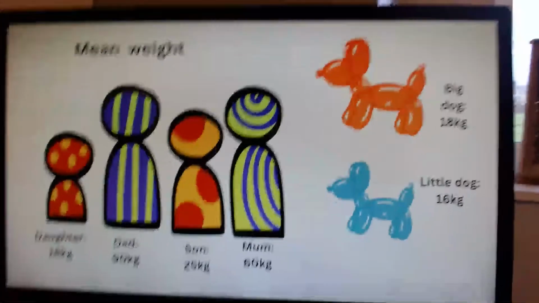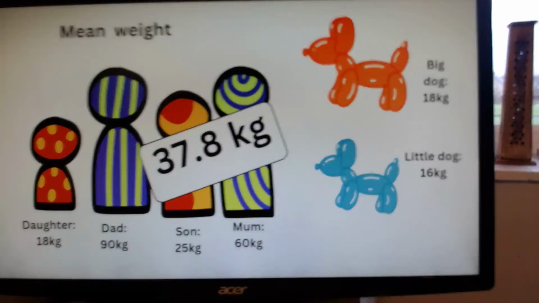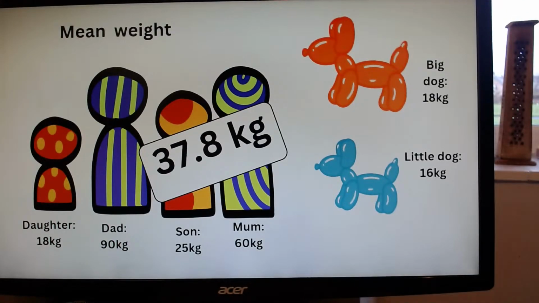Okay, so hopefully you've got about 37.8. It actually ends up being a really long recurring number, and I've just rounded that to 1 decimal place.